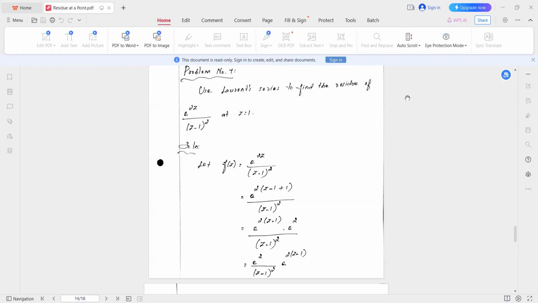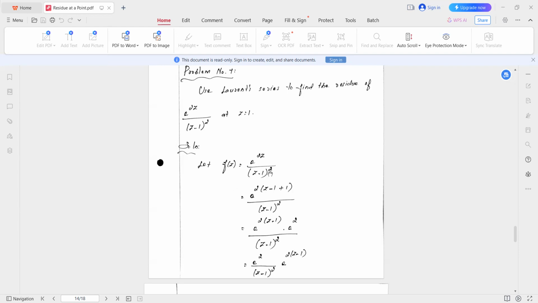First, let us expand the given function about the point z equal to 1. About the point z equal to 1 means z should be in the form z minus 1. Let us take the given function as f of z.